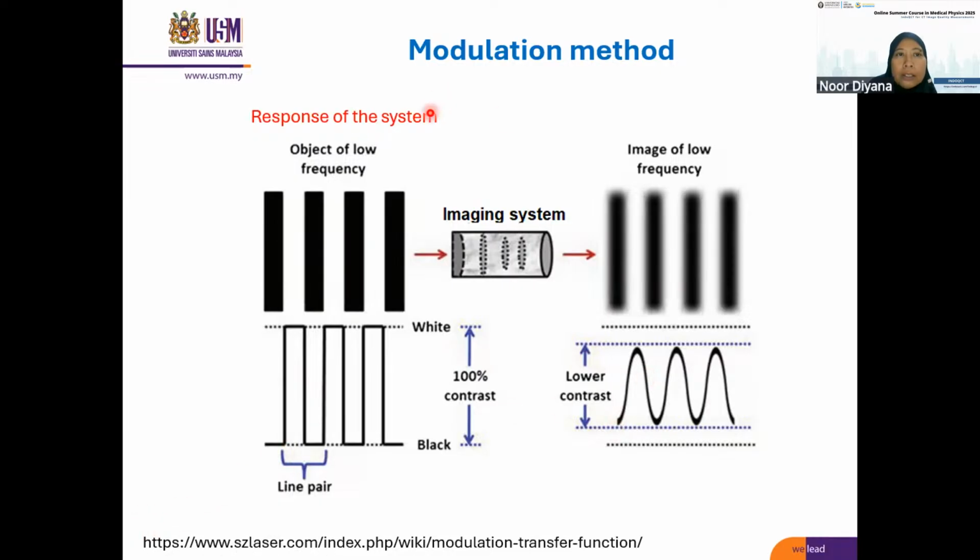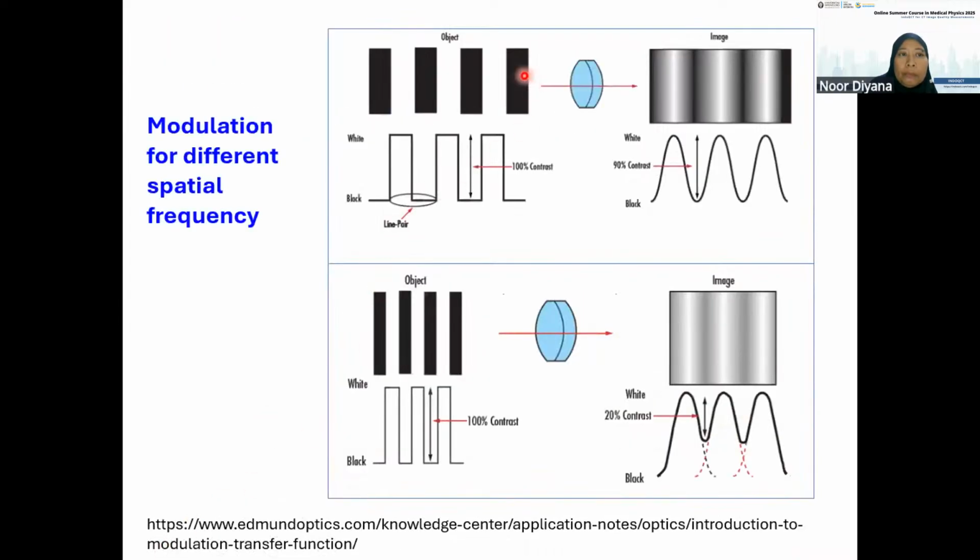Okay, so this is the input and this is the output image. A good image, or a good line pair that is clearly resolved, will give you good contrast, but a line pair that is not clearly resolved will give you lower contrast.